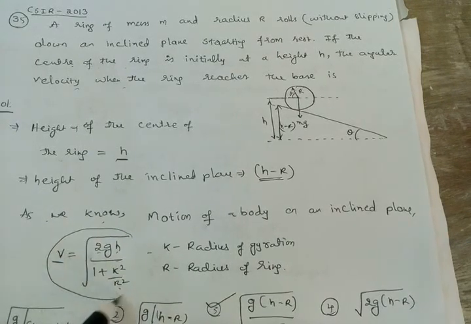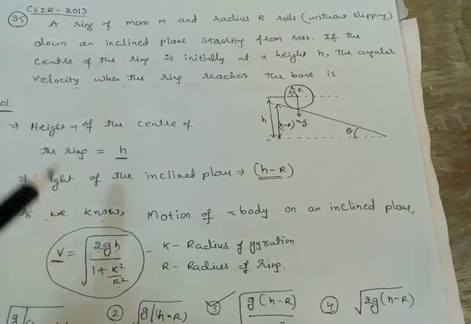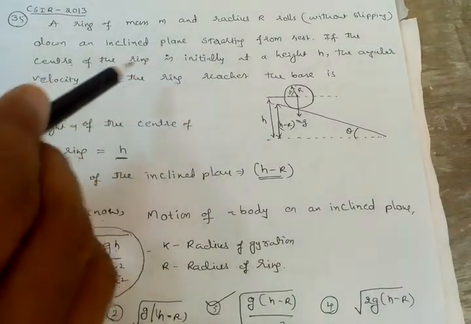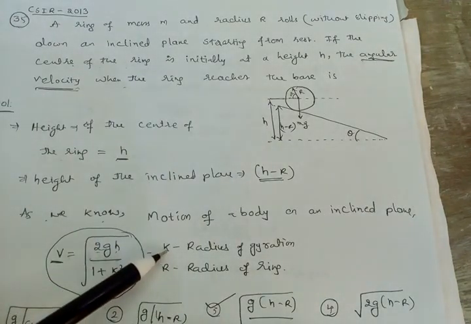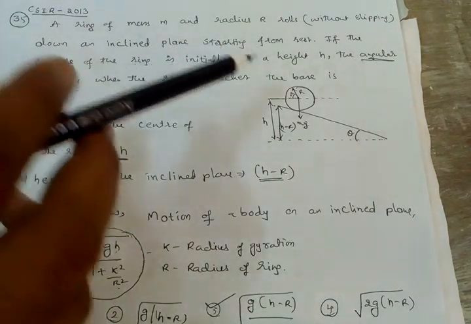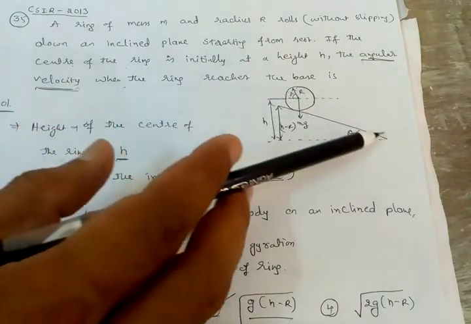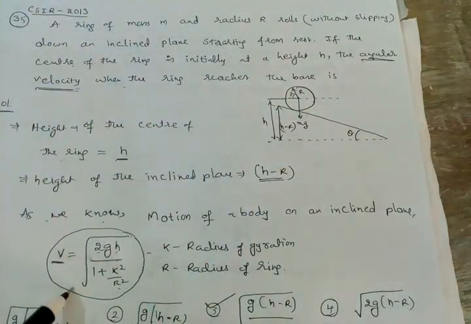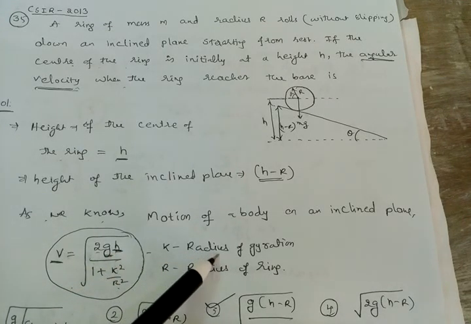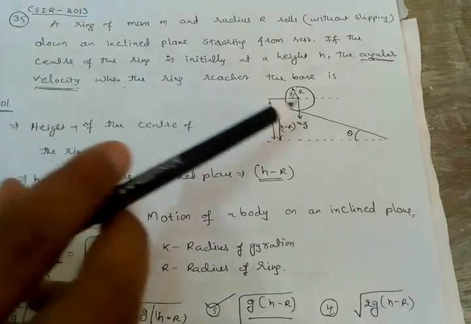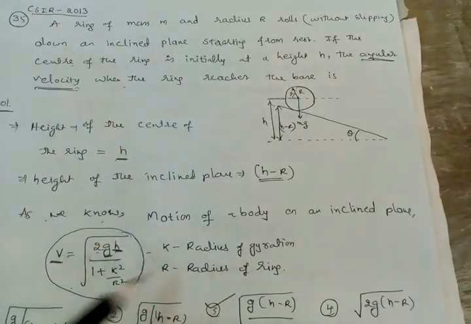But here we have to find angular velocity. This comes simply from potential energy changing to kinetic energy; if we equate, we get this equation. Here h is the height of the inclined plane, g is gravitation, k is the radius of gyration of the object. Here it is the ring, so r is the radius of the ring.